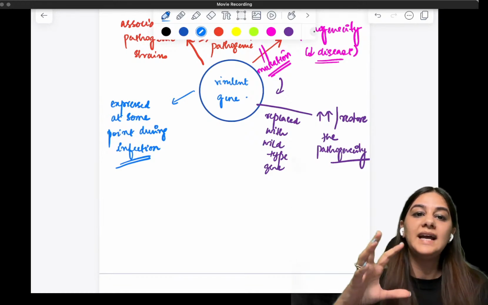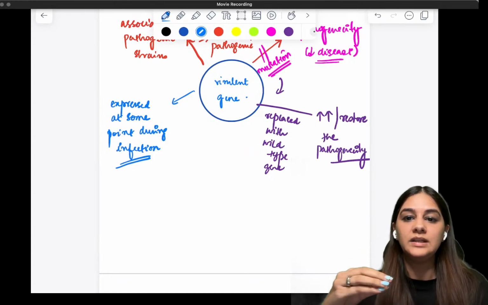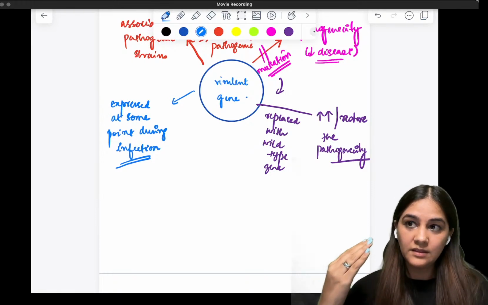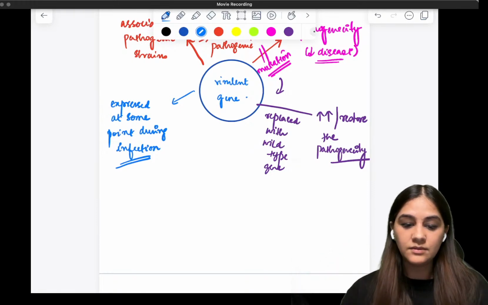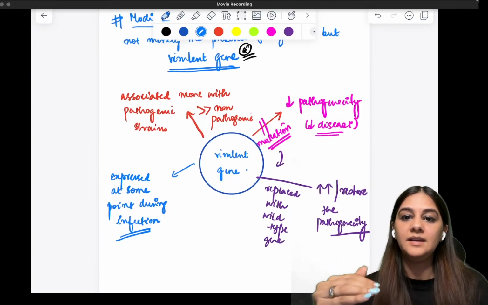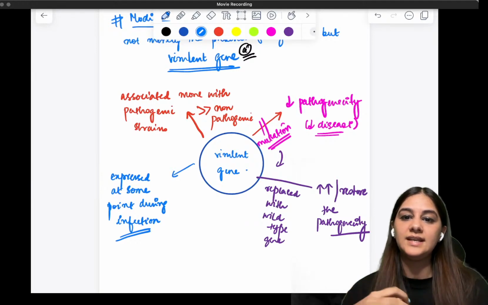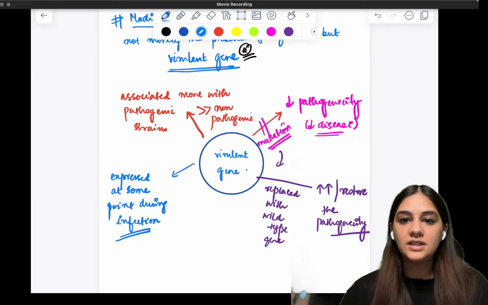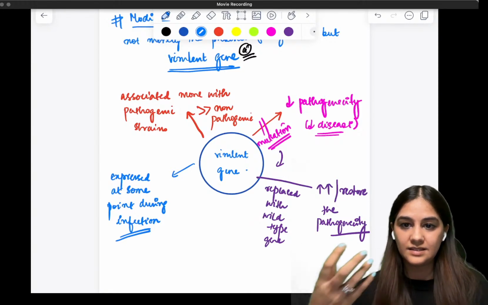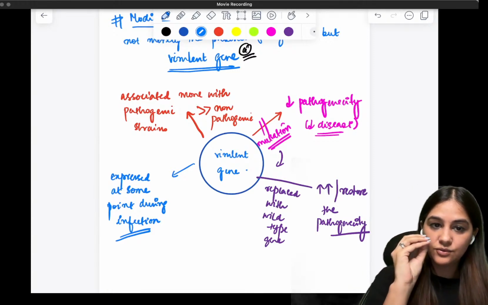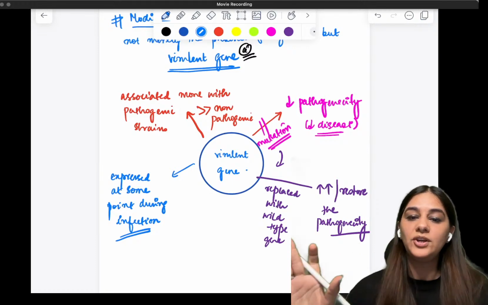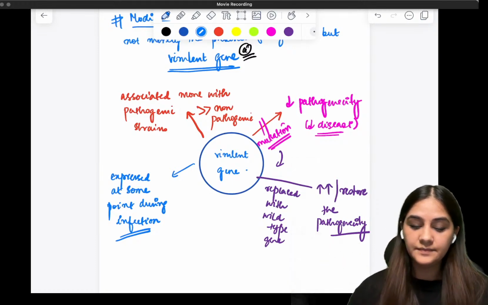There is a time when it is in the latent period when it is not causing any kind of disease. But when the immunity of the person goes down, what happens at that time? This virulent gene gets expressed, and because this gene gets expressed, the person starts having clinical features and starts producing the disease. So this virulent gene has to be expressed at some point during the infection cycle. Got it?